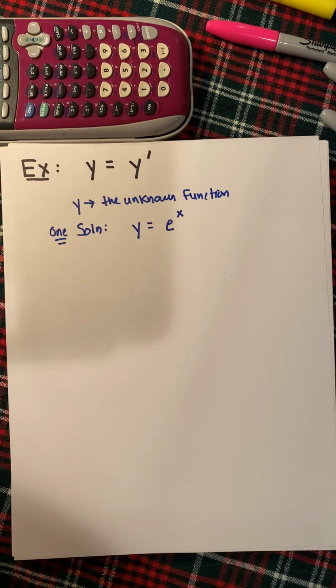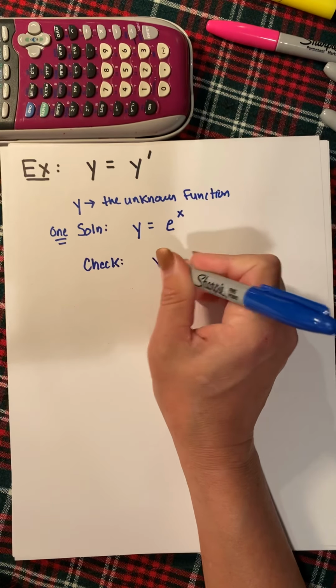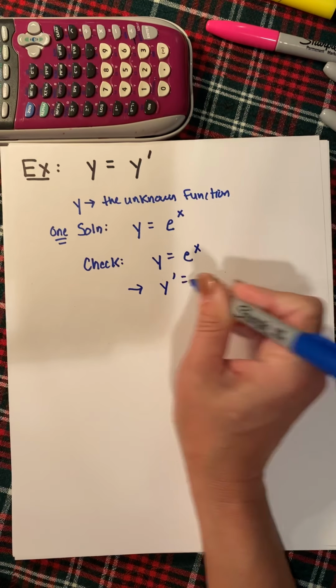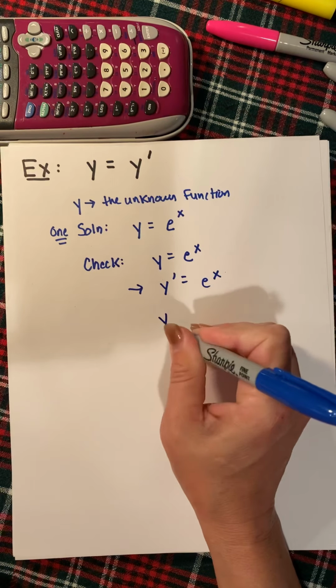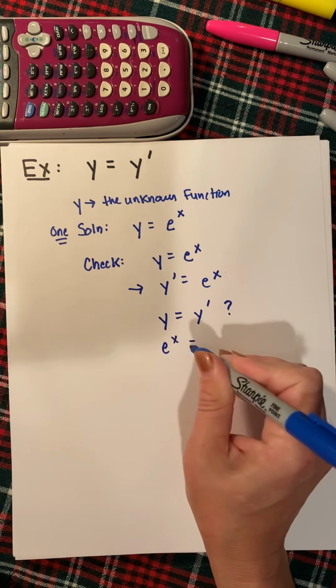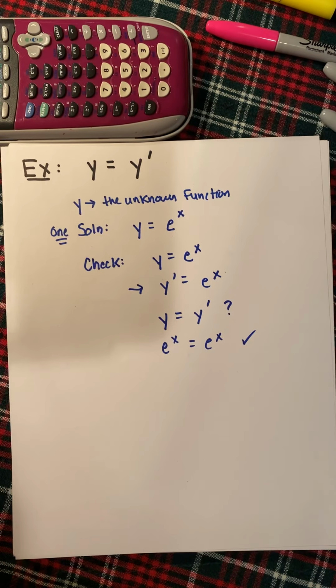So this is one solution, y equals e to the x. And we can check. If y equals e to the x, then its derivative is e to the x. And does y equal y prime? Well, of course, e to the x equals e to the x.